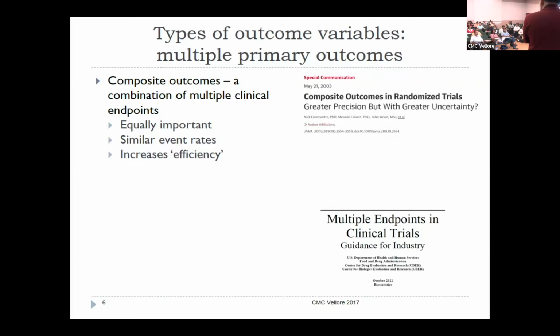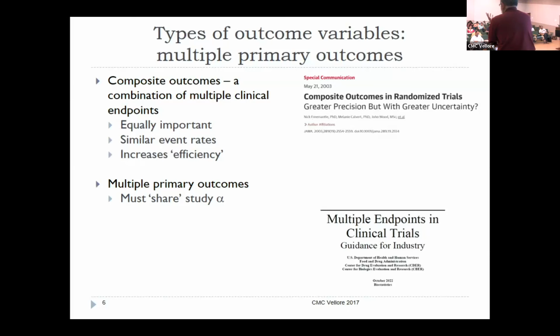And people say it increases the efficiency of the study. Now, there's a difference between having a composite that's made up of three things, for example, or four things, as opposed to saying I have four primary outcomes.